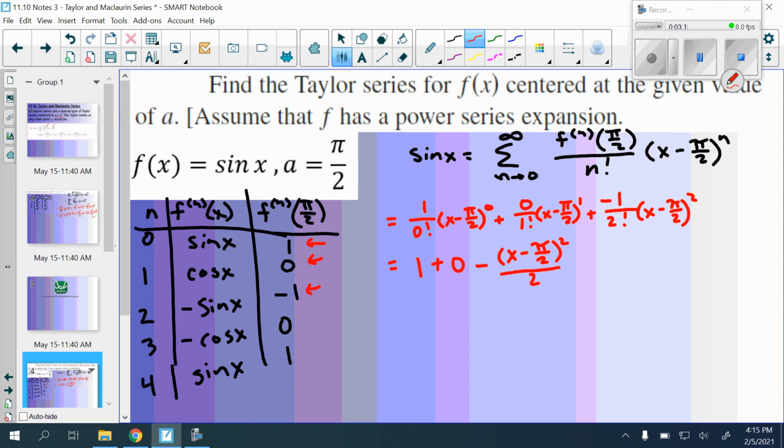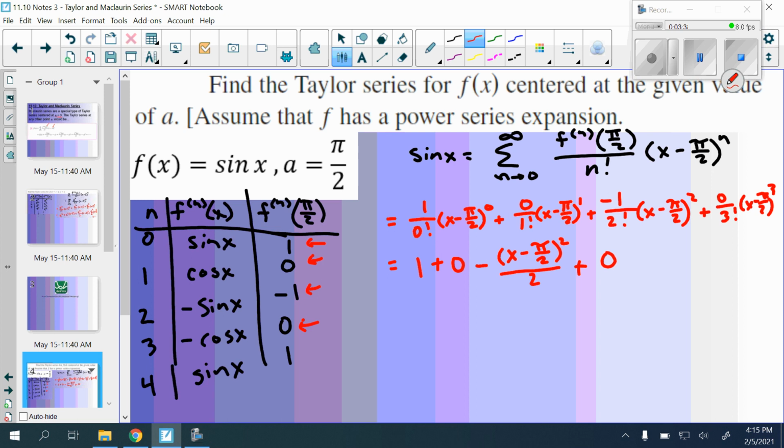Our next one here also looks like it's going to be 0. That was our value we had gotten over 3 factorial, x minus pi over 2 to the third, so this is all just going to simplify to be 0. Let's do our last one here.